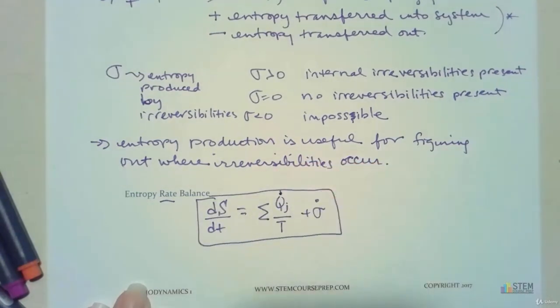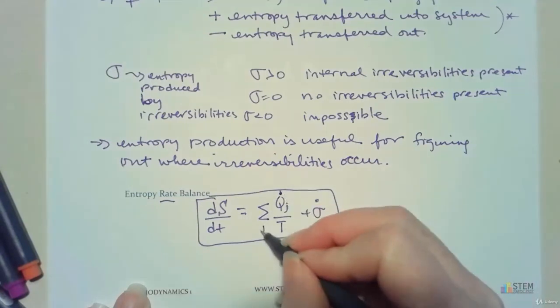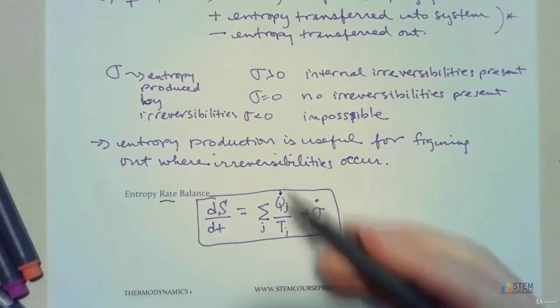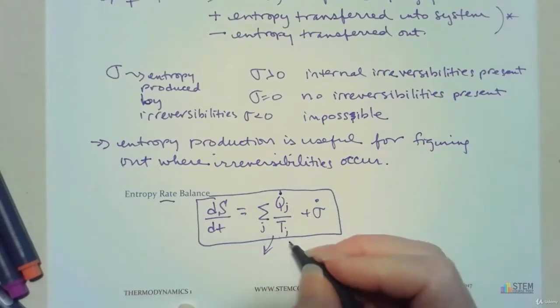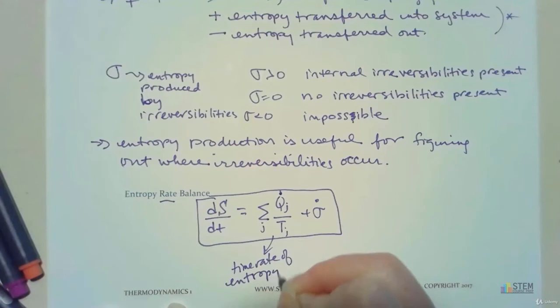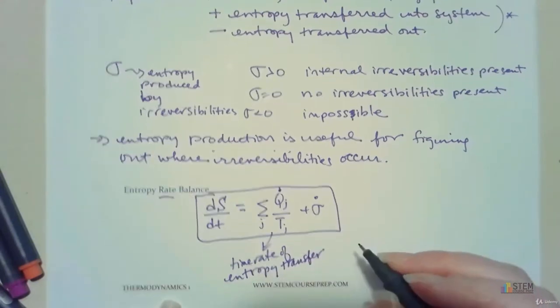There's a dot here, and these are just summed over some variable j. Now, this right here is going to be the time rate of entropy transfer through our boundary with a temperature T.